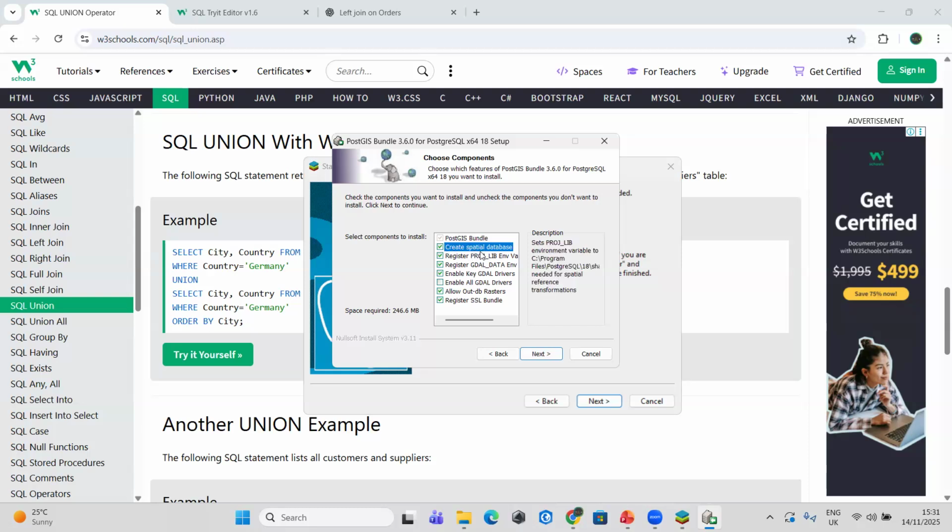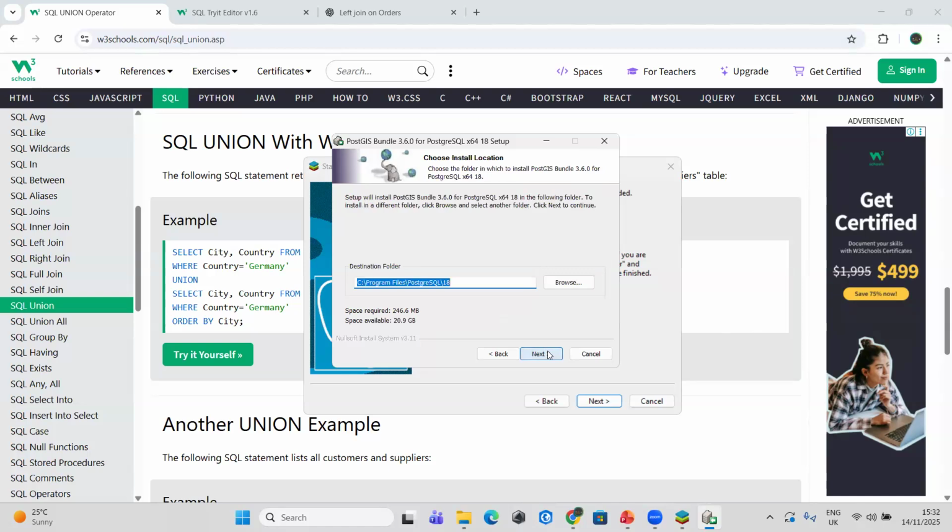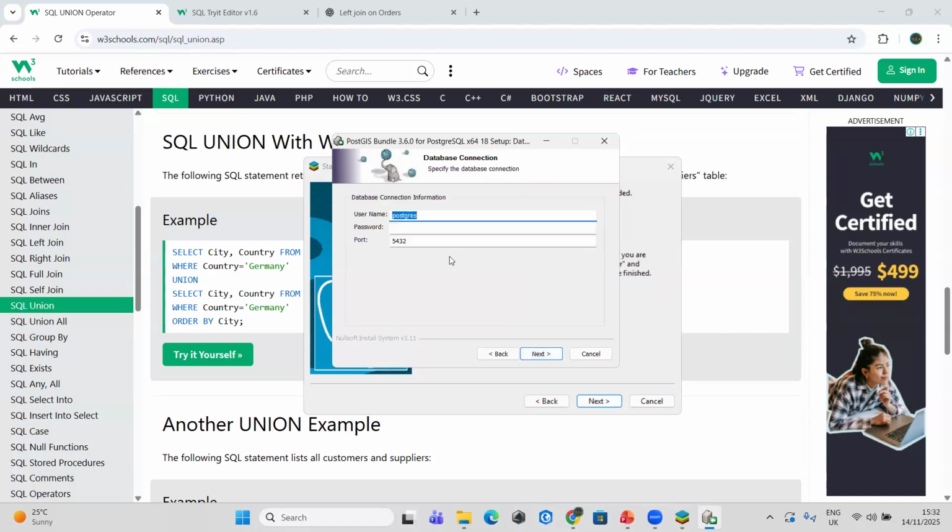We need to turn this on, create spatial database. Okay. Or check Yeah, all. you can check all, no worries. But this one is important for our work. Okay. Create spatial databases. Yes, I check this all. Next. Then password again, I will just keep it 1, 2, 3, Hmm. 4, 6. 1, Next. 2, 3, 4, 5, 6.